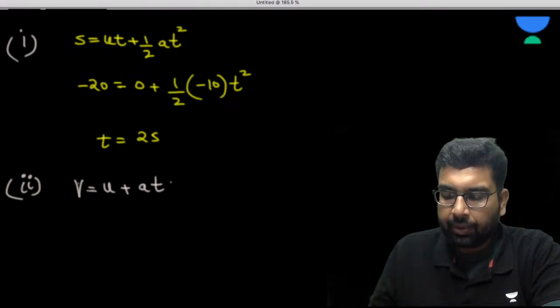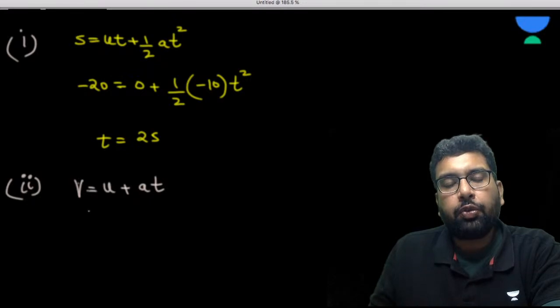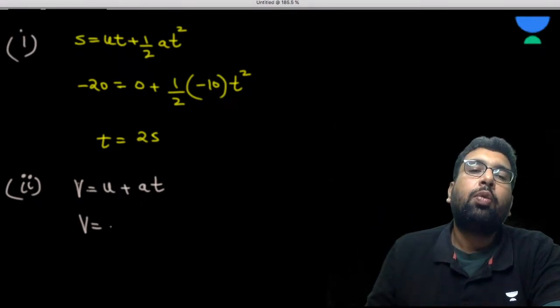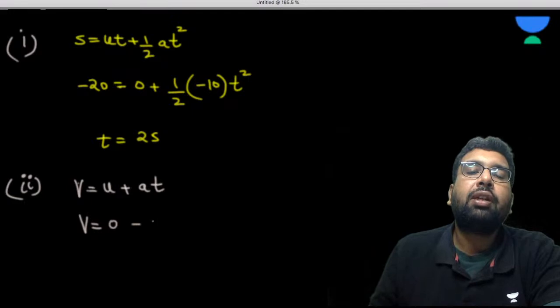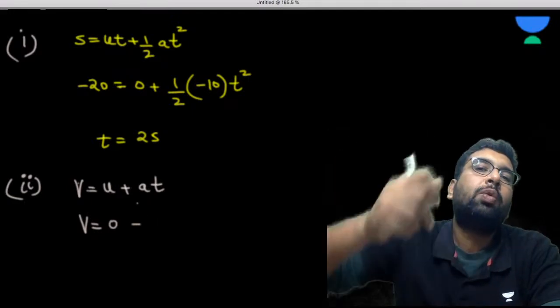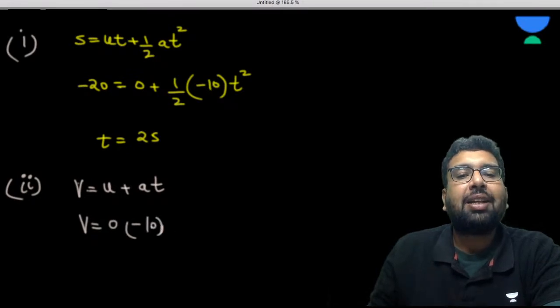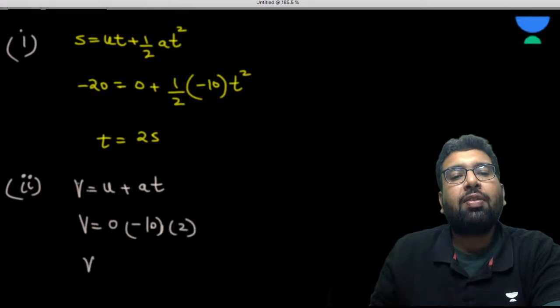What is the final velocity? It is the velocity just before the stone hits the ground. What is the initial velocity? It is 0. What is the acceleration? g is always downward, so always minus. That is minus 10. And t we already have calculated, that is 2. So what is the final velocity? It is minus 20 meter per second.